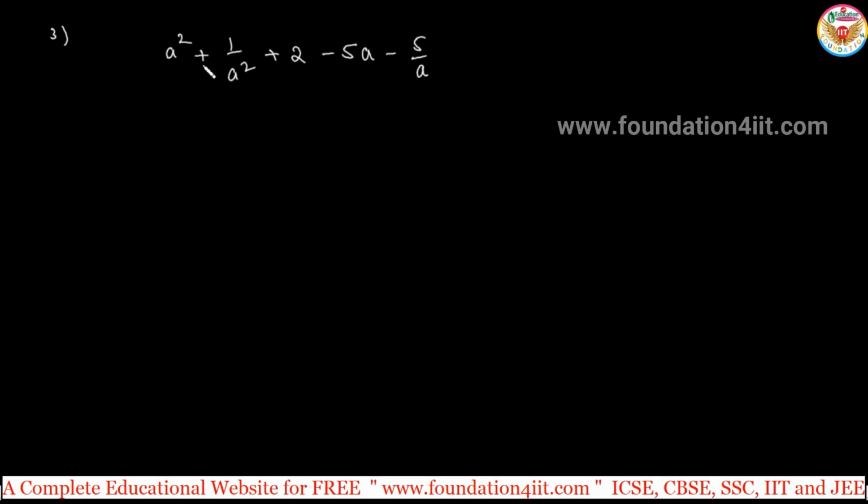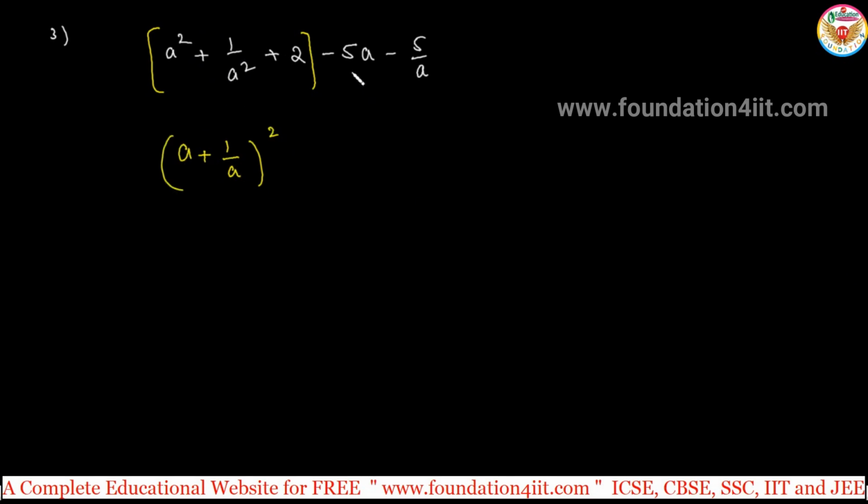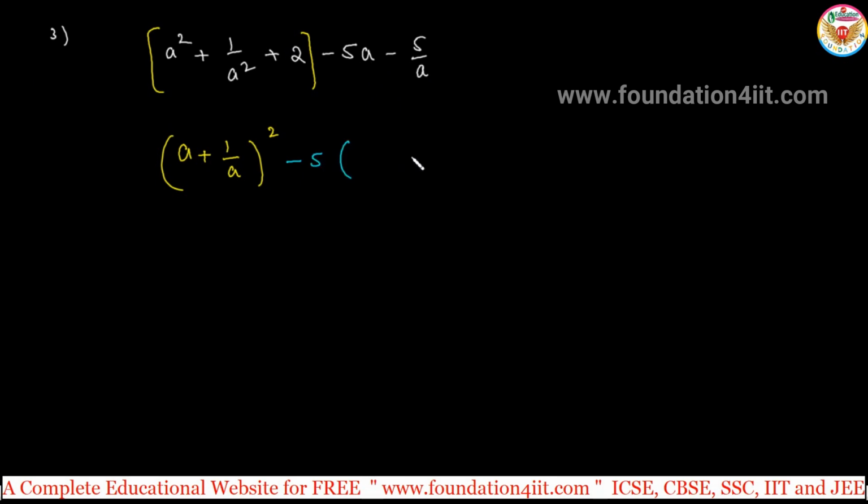Here a square plus 1 by a square plus 2, up to this part, is a plus 1 by a whole square. Now from the remaining two terms, minus 5a minus 5 by a, I can take minus 5 common. Observe whether we are getting the same in the bracket or not.